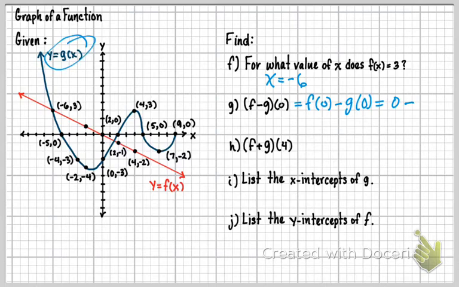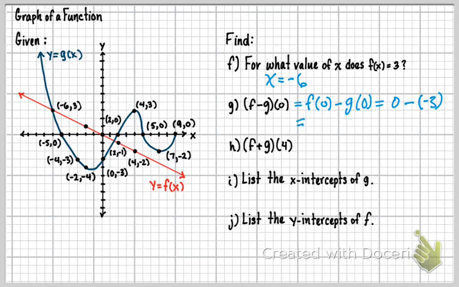So here's my g function right here, and where it's 0 at is right here. So this is saying I want the x being 0. What is my y value? And I can see that my y value is -3. So I'm going to put -3 in for g of 0.